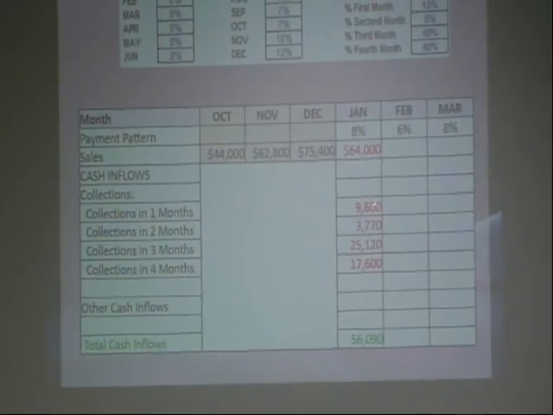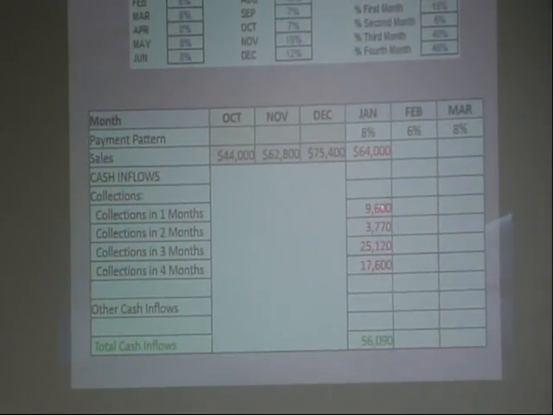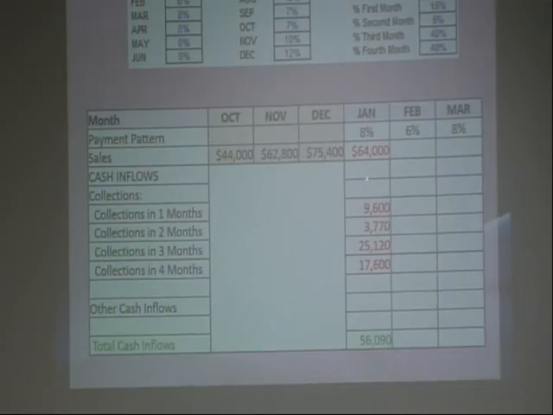Let's figure it out. Where do these numbers come from? $9,600 is 15% of 64,000. 3,770 is 5% of December's sales. 25,120 is 40% of November's sales.